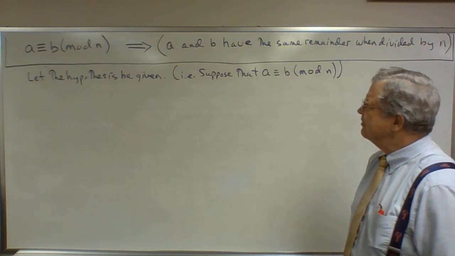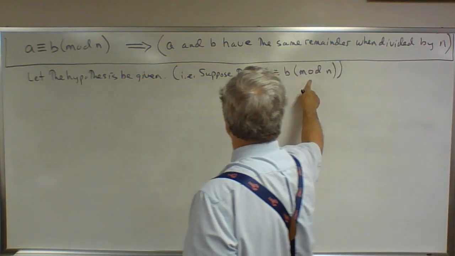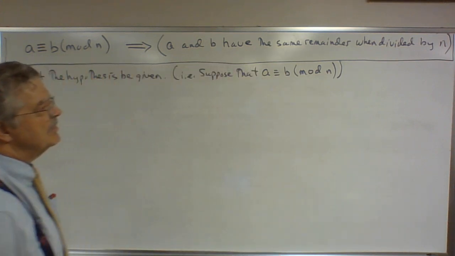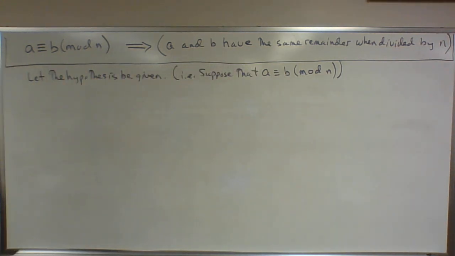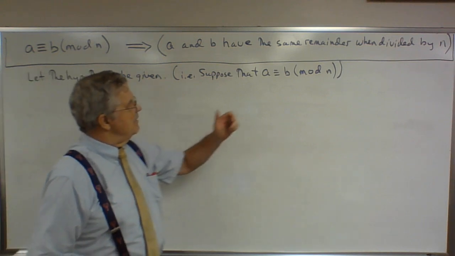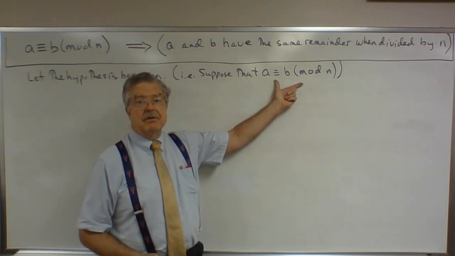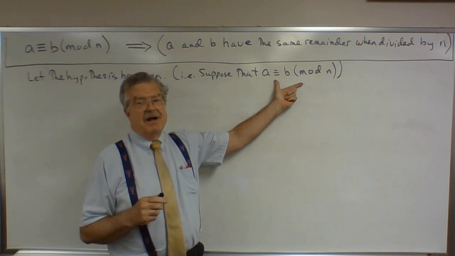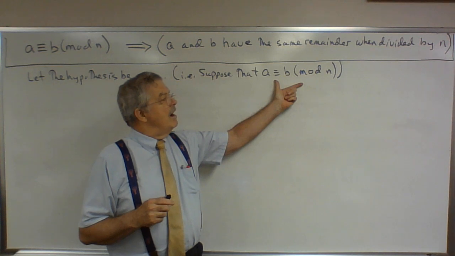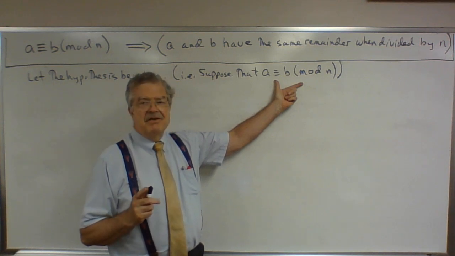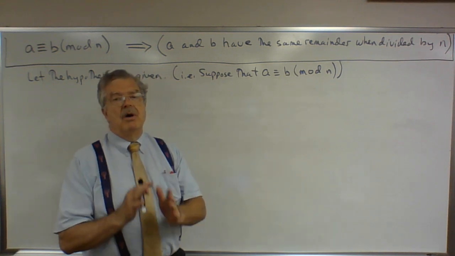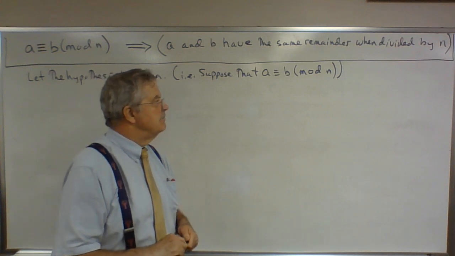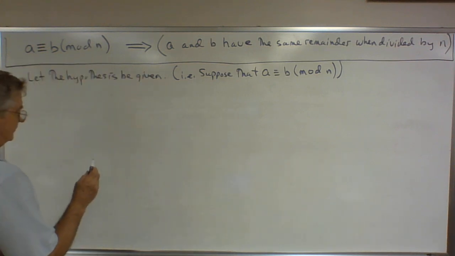Let's see. A is congruent to B modulo n. What does that mean? The only thing we have to go on right now is our definition, which says that two integers are congruent modulo n exactly when their difference is a whole number multiple of n.